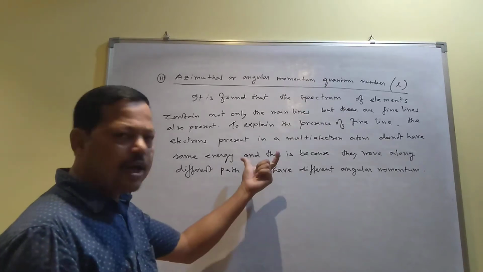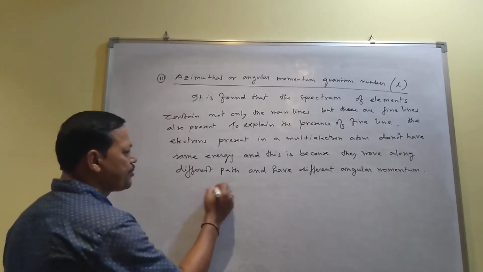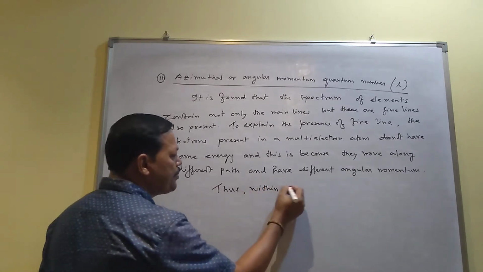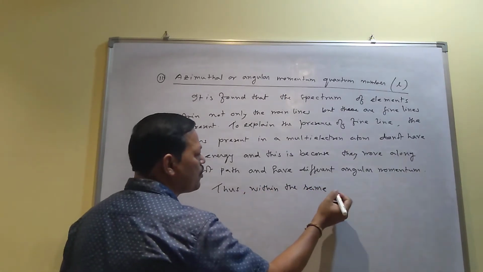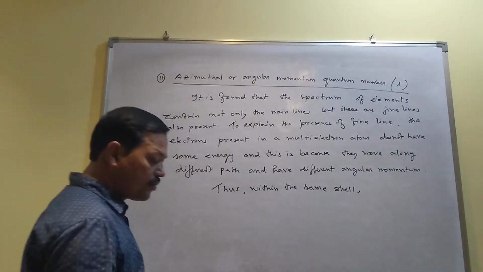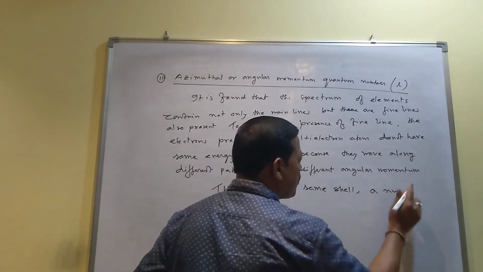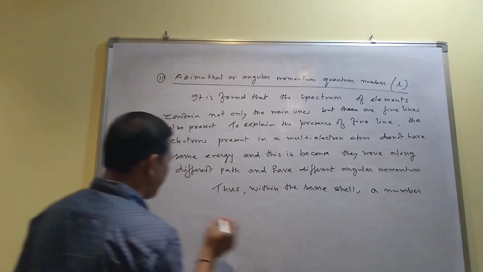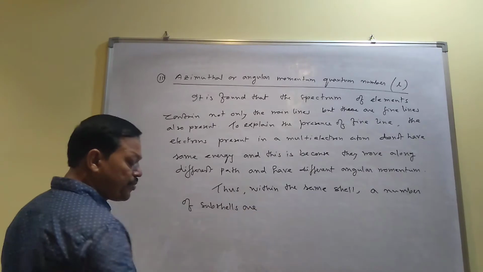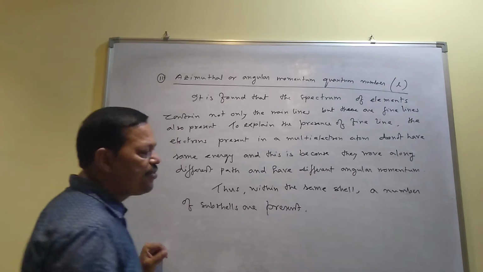Okay, now already you have written this part, and they have different angular momentum. Thus, within the same cell, a number of subcells are present, and that is why you will get different energy.